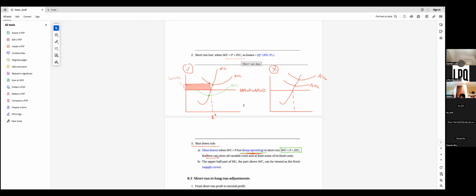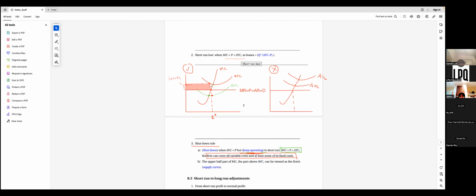But you also need to try to understand the reason. Why in the first graph you should keep operating, why you shouldn't shut down your business in the first graph. Because you still can cover all variable costs, right? Because your price here is greater than AVC.